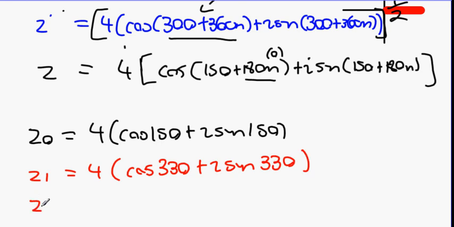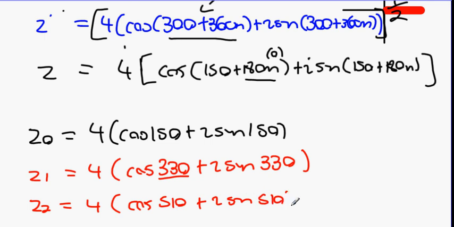And finally z2 is going to be 4 cos, plus another 180, so that is going to make it 510, plus i sine 510. Now I already know straight away that there's only 2 roots in this equation, so it's going to be z0 and z1. Z2 is going to be a copy of z0, so they're the same thing, so we'll find out for sure now.